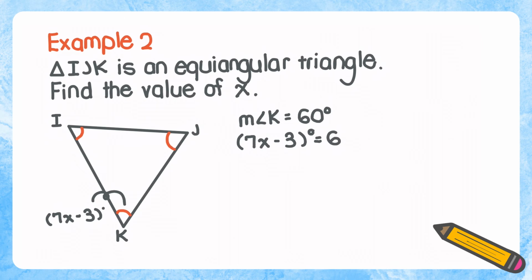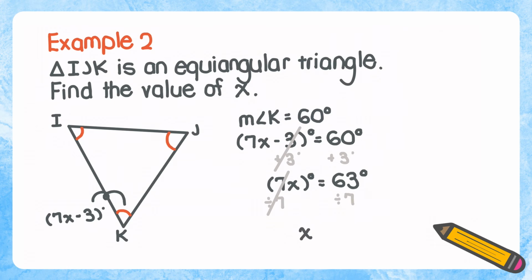Set this equal to 60 degrees. And to solve for x, first, let's add 3 degrees to both sides so that this cancels out. We have that 7x degrees equals 63 degrees. Let's divide by 7 on both sides. And 63 divided by 7 equals 9. So x equals 9.